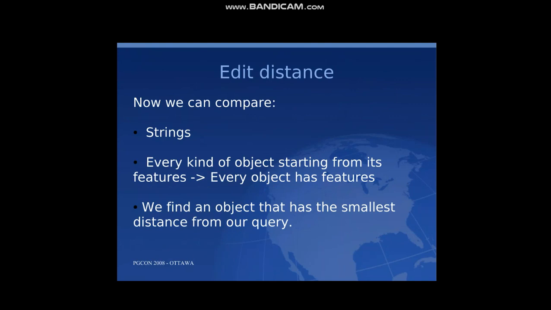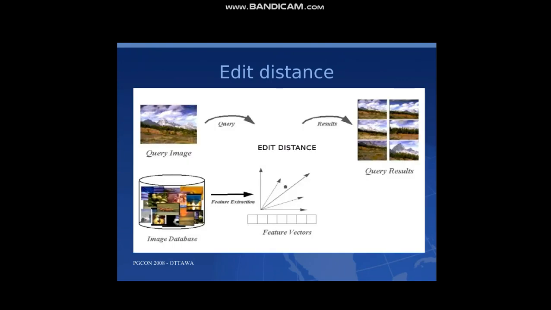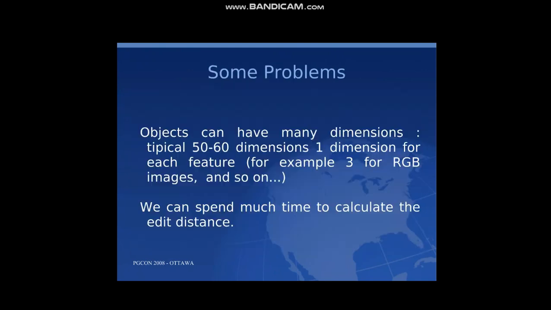Now we can compare strings, and every kind of object starting from its features. Every object has features. We find an object that has the smallest distance from our query. Edit distance: query image, query results, image database, feature extraction, feature vectors.